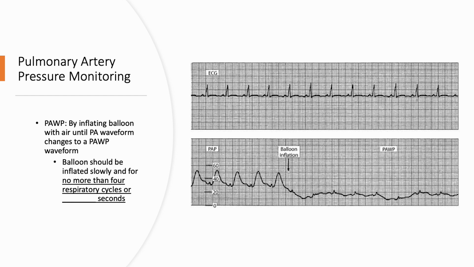The balloon should be inflated for no more than 4 respiratory cycles, or approximately 8 to 15 seconds, to prevent prolonged occlusion of the pulmonary artery, which can cause complications such as pulmonary artery rupture or ischemia. Remember that you can't just use any syringe to inflate this balloon.